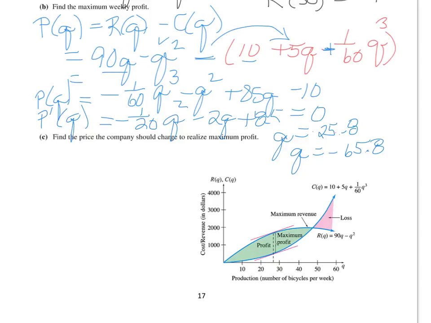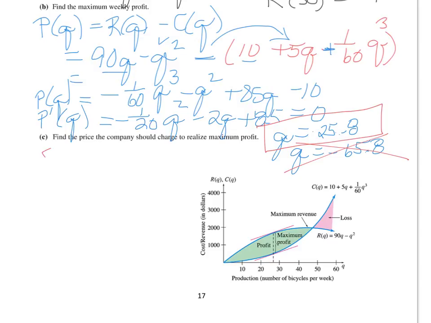And the negative answer doesn't make any sense because we can't have a negative number of bicycles anyway. So our maximum profit is going to be at 25.8, or that may be our minimum profit, but what we'll do is we'll actually do again the number line test.